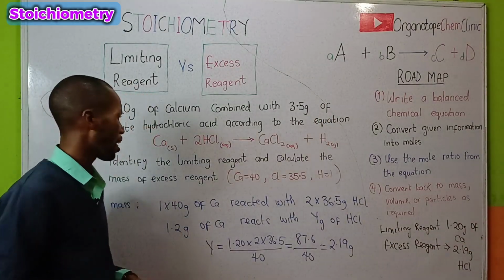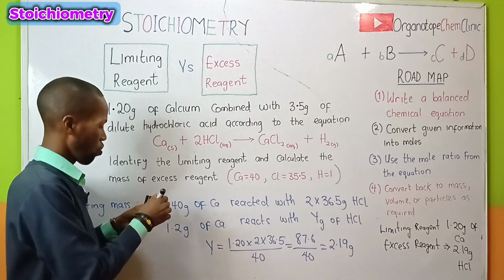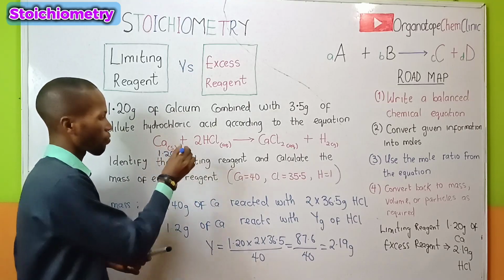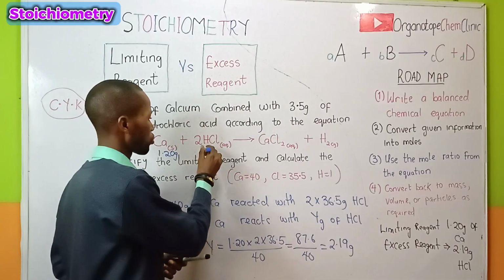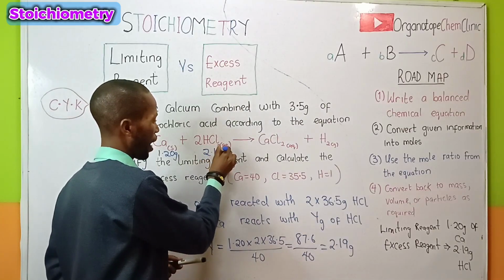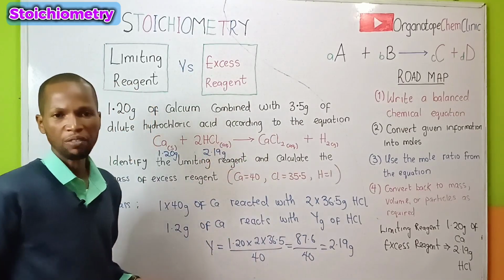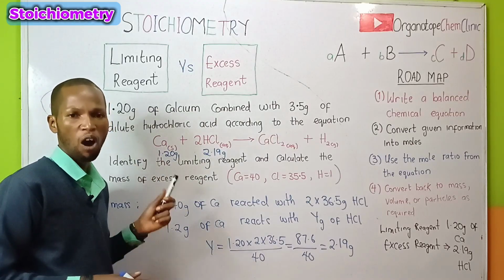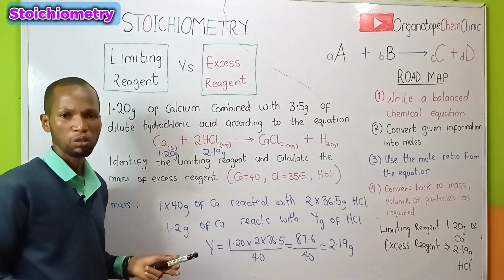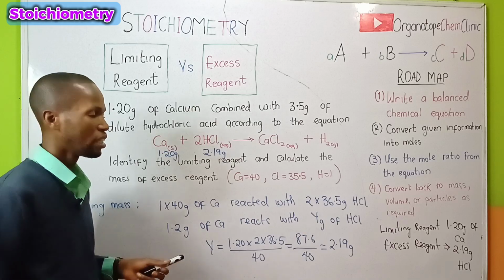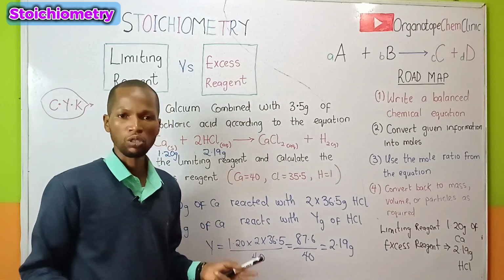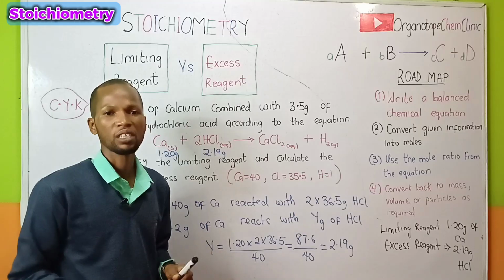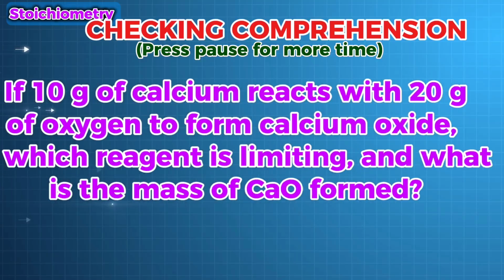Invariably, I can say that in this reaction, we have 1.20 gram of calcium and 2.19 gram of the hydrochloric acid. So when the 1.2 gram of calcium is completely used up, the reaction tends to stop. We'll still have hydrochloric acid left in that reaction.